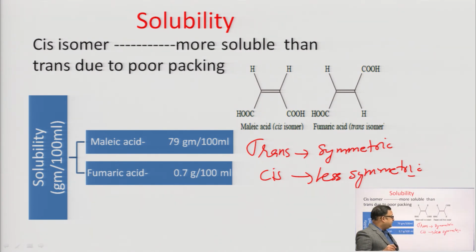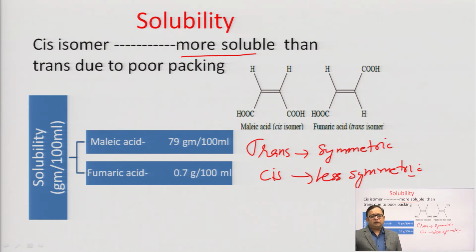Therefore, trans isomers are more symmetric as compared to the cis, and due to this symmetry, the trans isomers are more closely packed and cis isomers are loosely packed, and due to this packing the solubility results. So, cis isomers are more soluble as compared to trans isomer due to this symmetrical or asymmetrical packing.